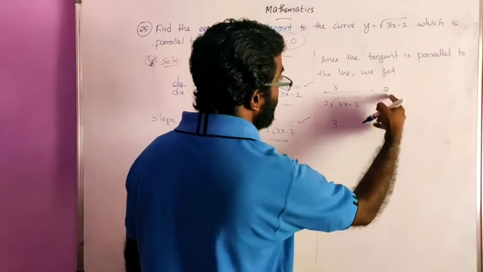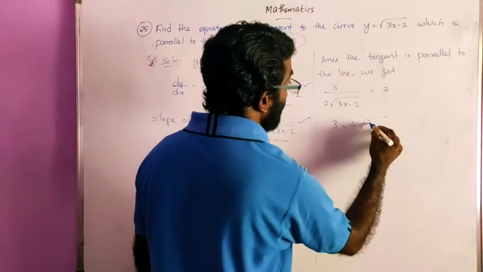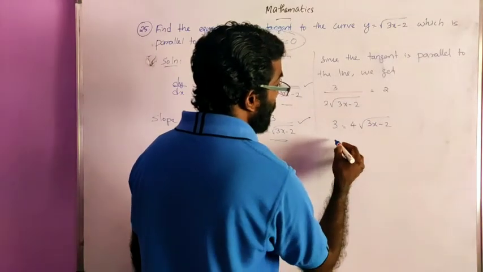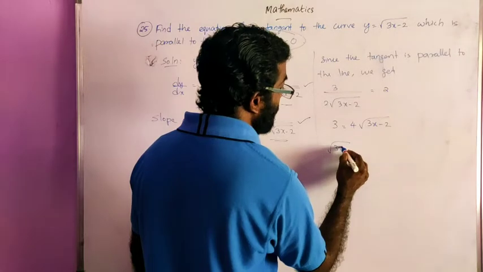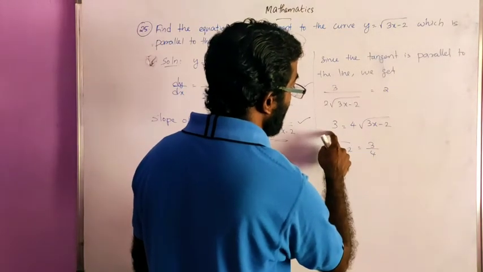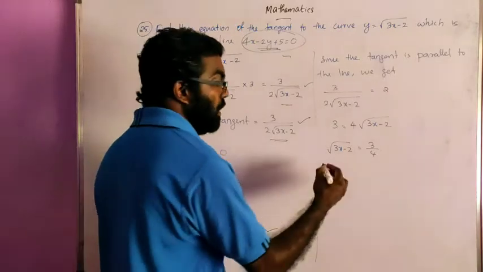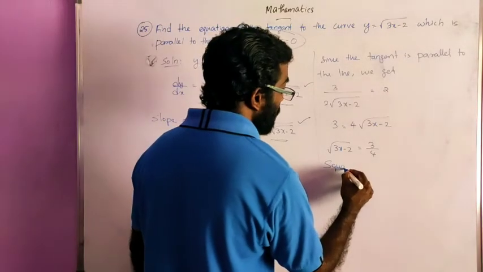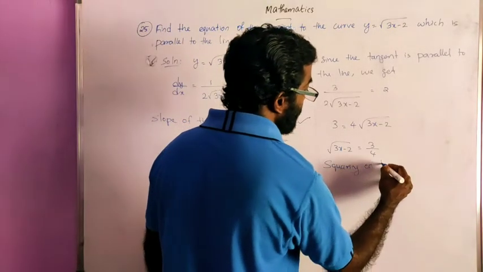3 is equal to 2 2s are 4, 4 into root of 3x minus 2, and we can write root of 3x minus 2 is equal to 3 by 4. If you divide 4 to the left side, it becomes 3 by 4. Now we can square on both sides.